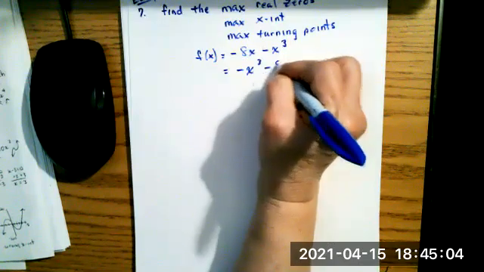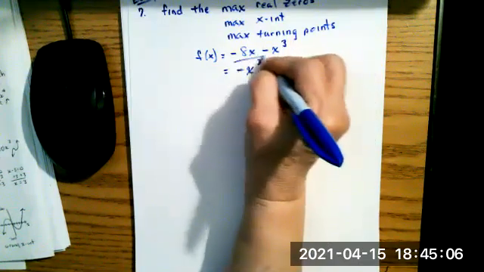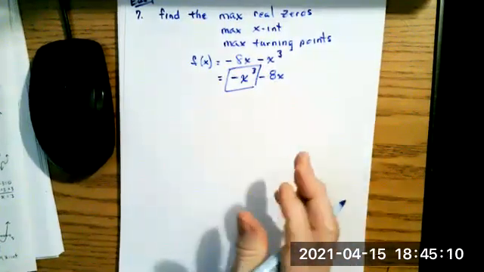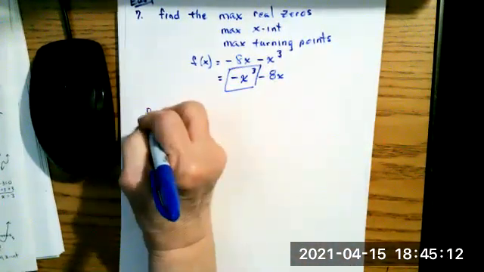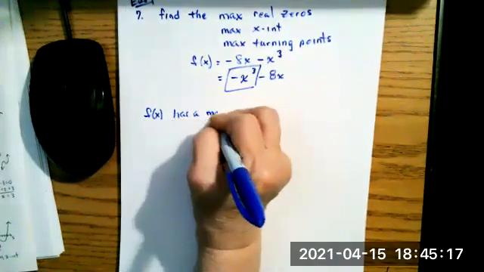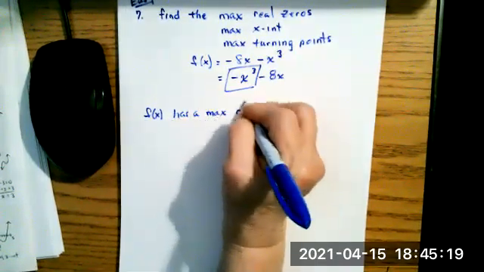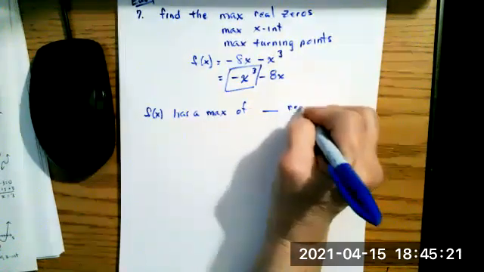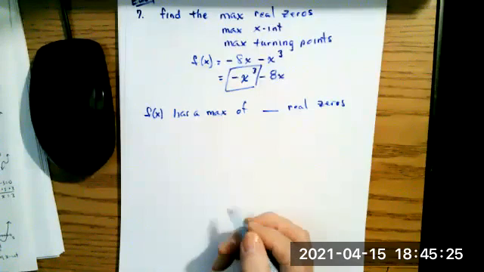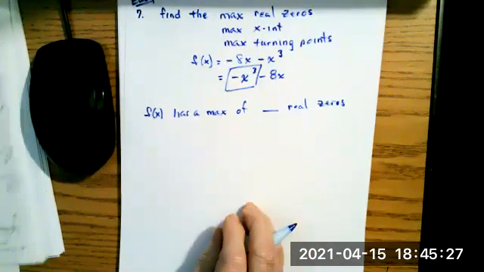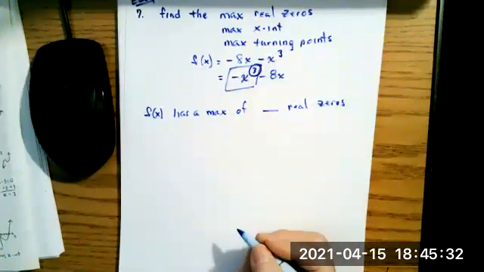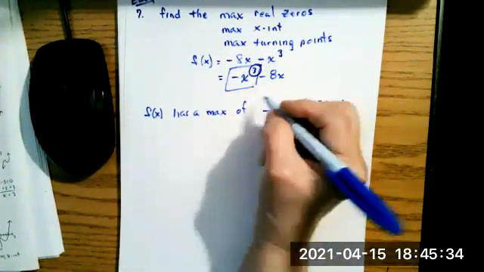You got to use your leading term to do this. Okay, so it says f of x has a maximum of blank real zeros. So what would that number be? 3. Whatever your highest exponent is, that is your maximum number of real zeros.